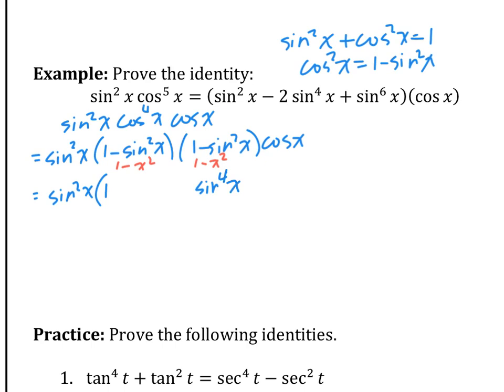Take the product and double. So that's going to be minus 2 sine squared x plus. Okay, look at the target. I think I see it. As long as I distribute the sine squared, I am done.